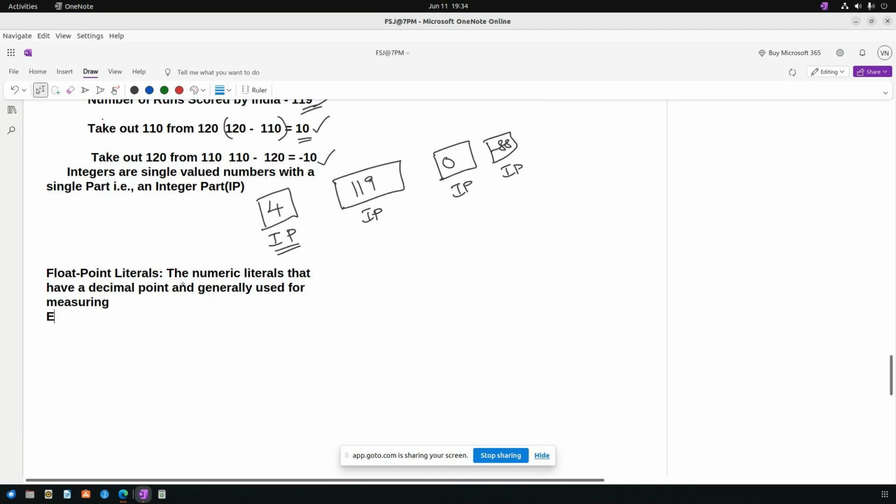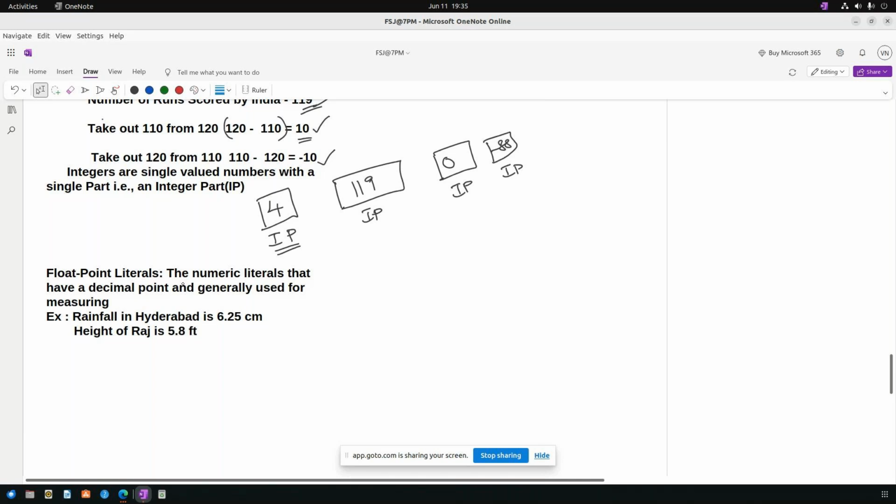Now, let me tell you a simple example. Rainfall in Hyderabad is 6.25 mm, or I can say 6.25 centimeters. What is this? It is a measurement. The height of a rock is something like 5.8 feet.